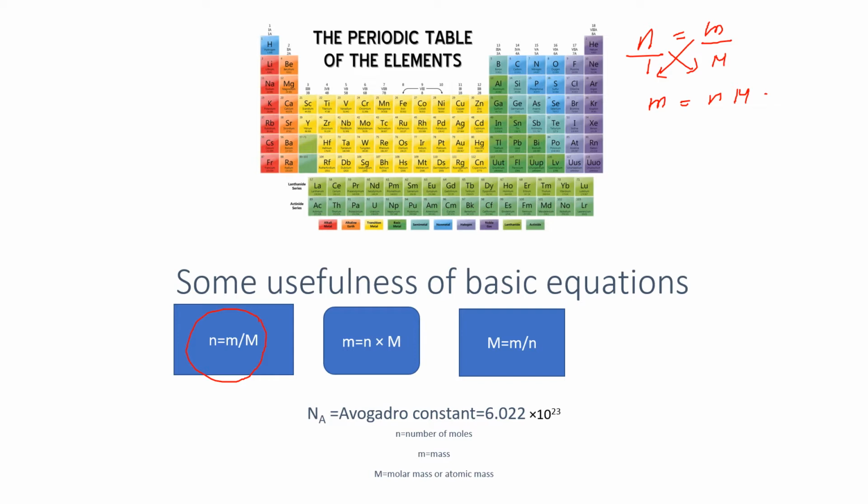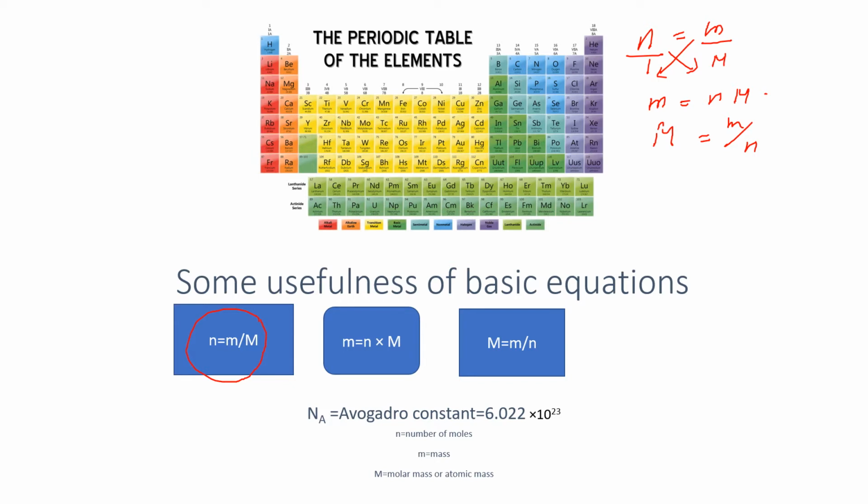And out of this we can get capital M equals simple m over simple n. This is the third equation.